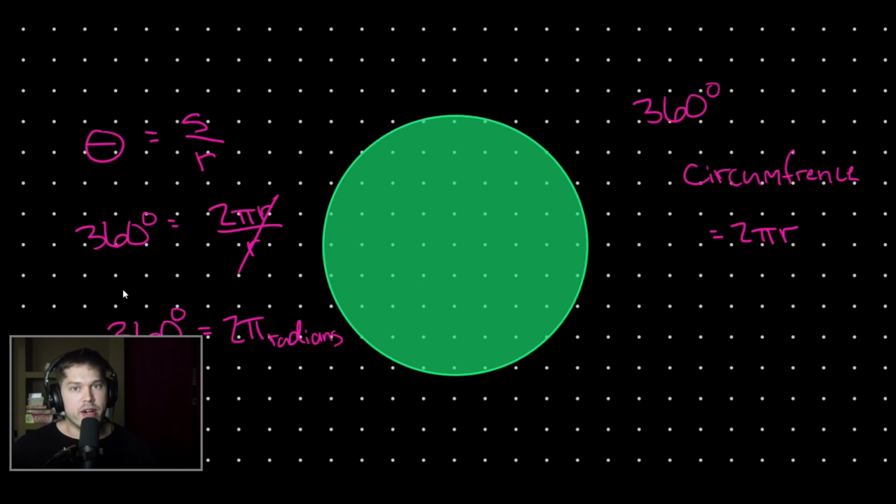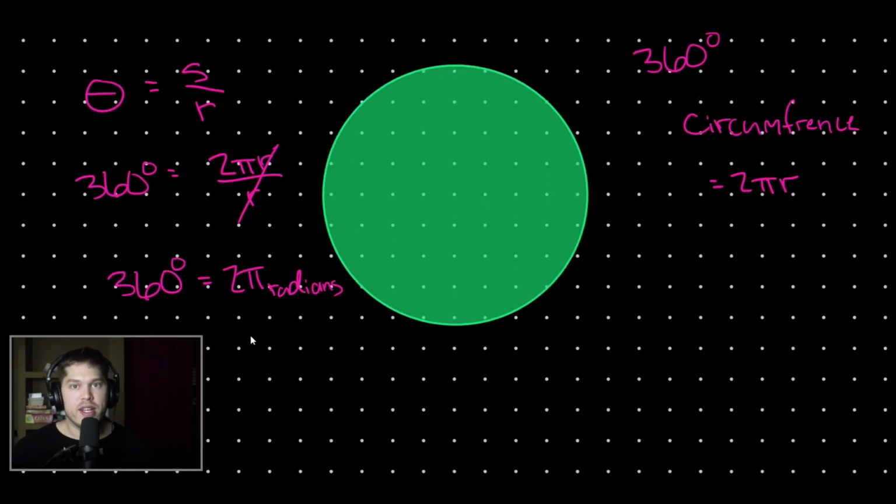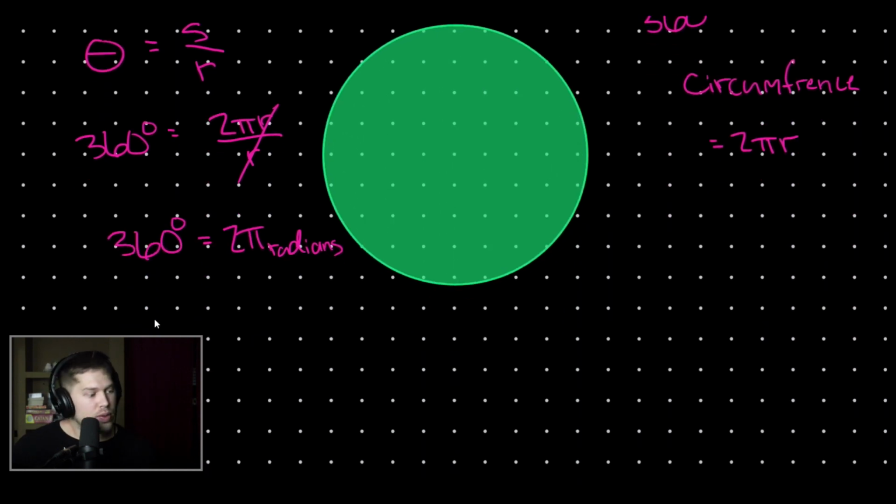And then we can, of course, divide by 2. Oh, I see that I'm getting in the way a little bit. Let me scroll down. We can divide by 2 to see that 180 degrees is equivalent to pi radians.